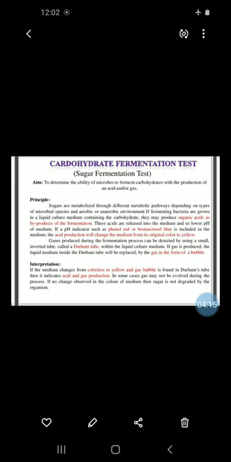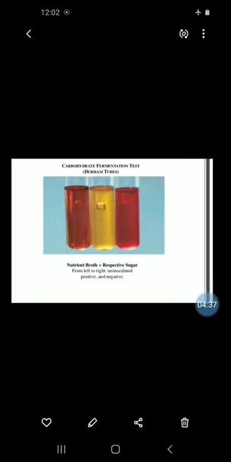If no change is observed in the color of the medium, then the sugar is not degraded by this organism.